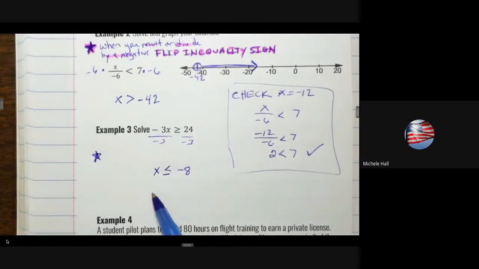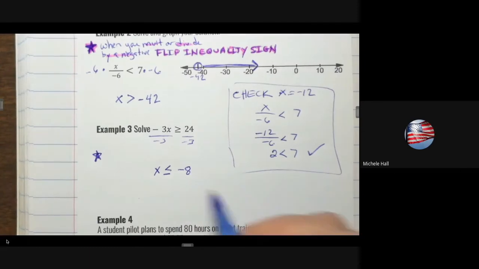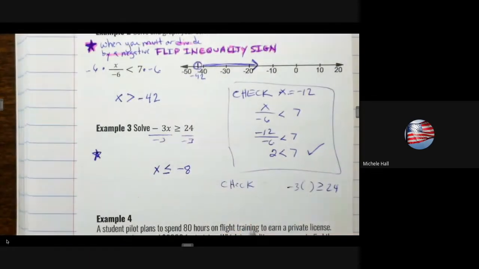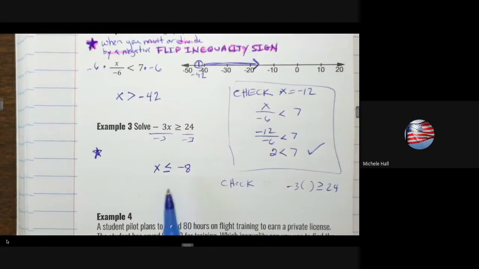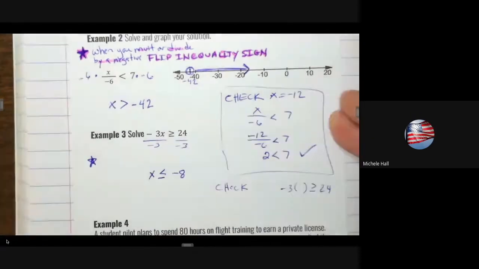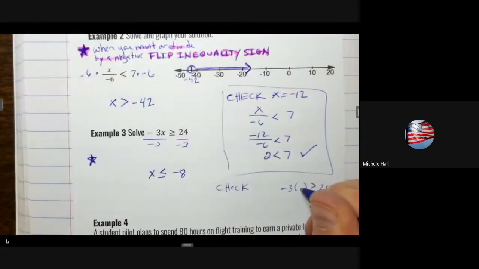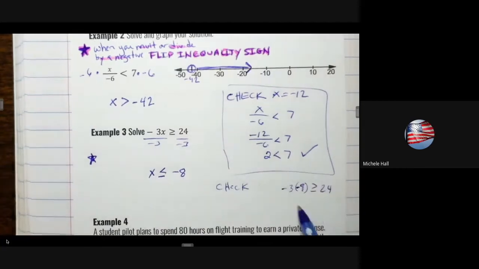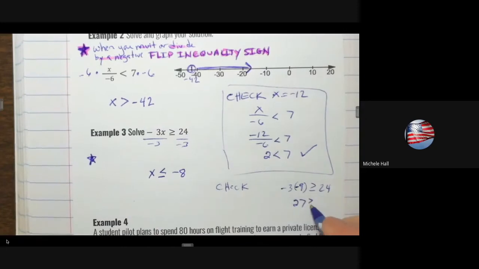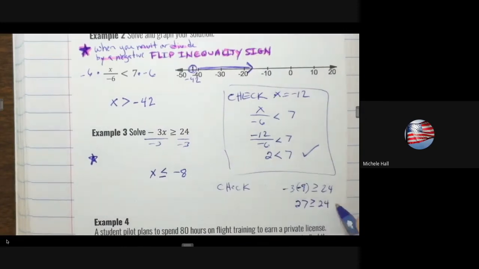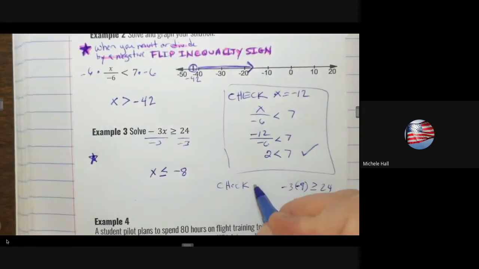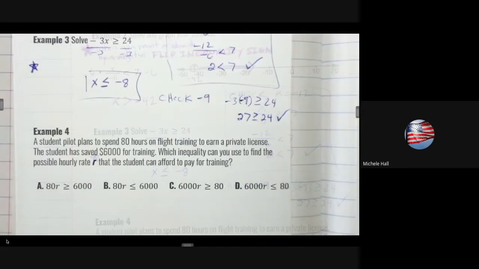If I pick a solution that is less than -8, smaller than -8, we're going to check a number that is less than -8. Let's go with -9. That's smaller than -8. -3 times -9 is 27. Is 27 greater than or equal to 24? Check. We checked -9.